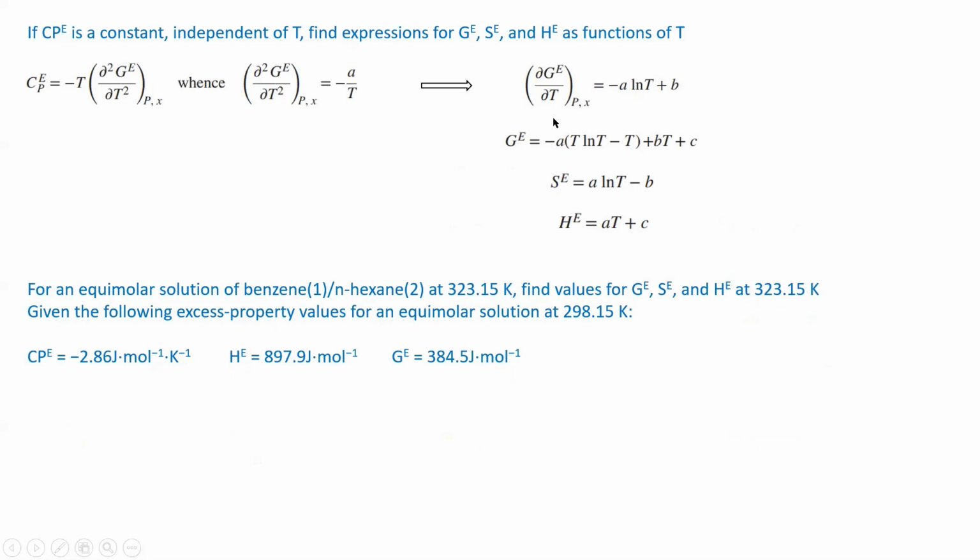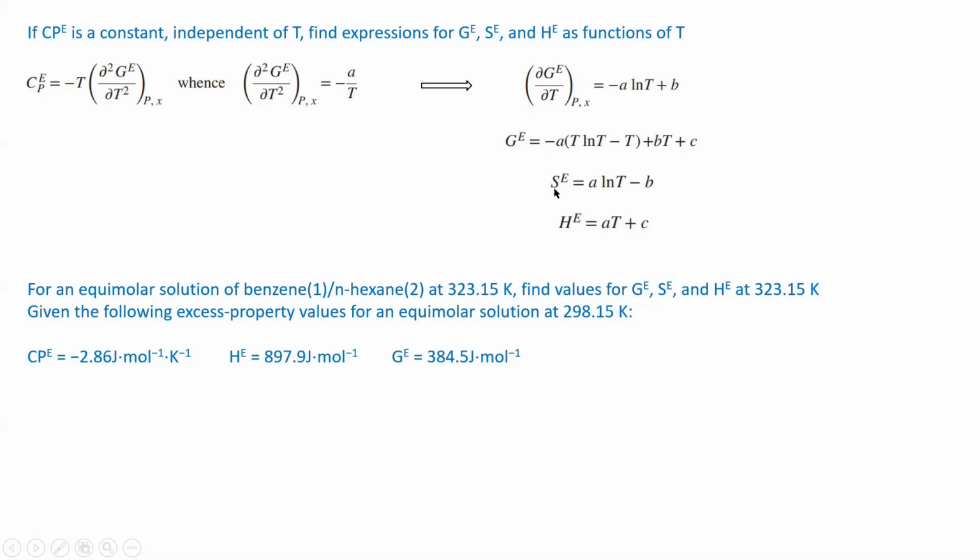Now, if I integrate once, I will be getting one integration constant B, and this is minus A ln T. And again, if I integrate, I'll be getting G equal to minus A T ln T plus B T plus C. This C is one more integration constant.